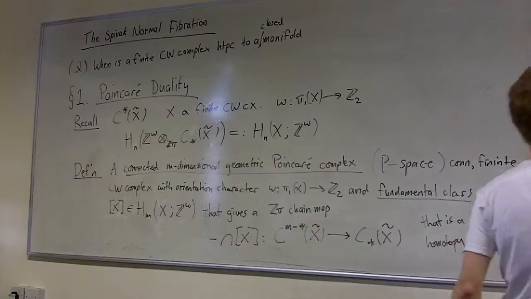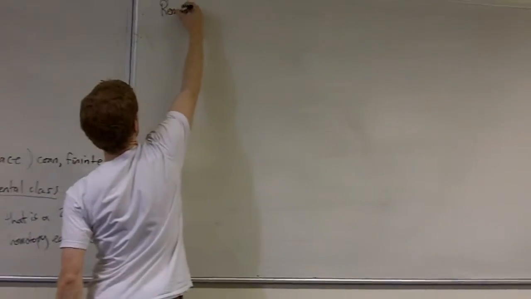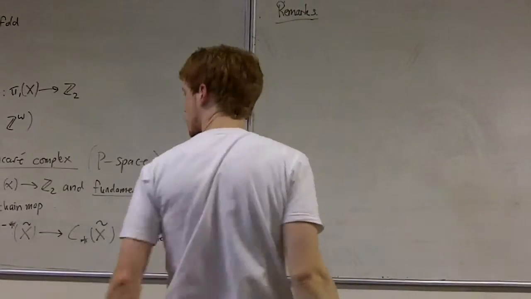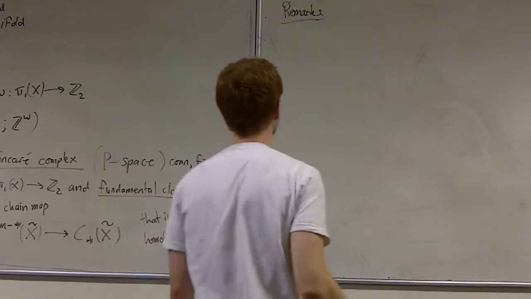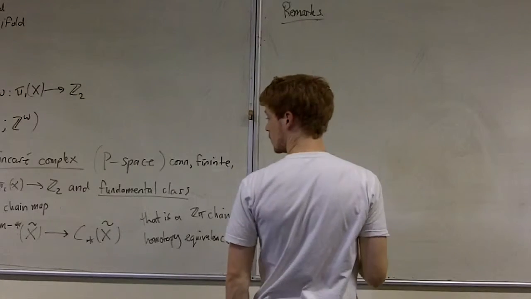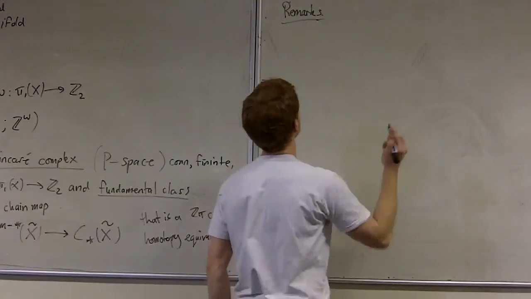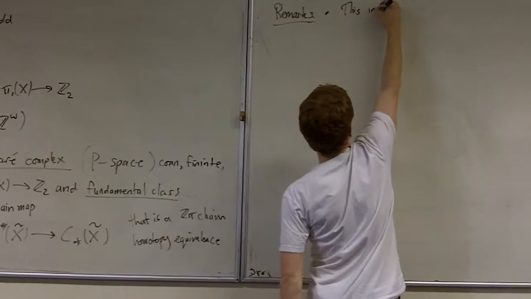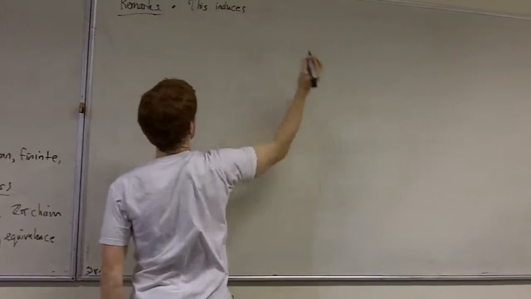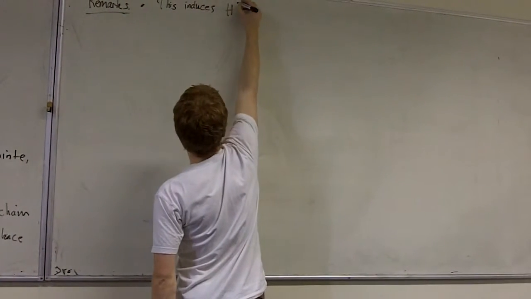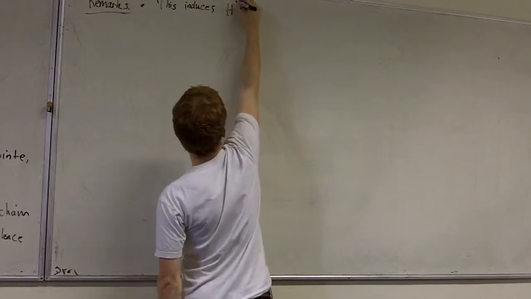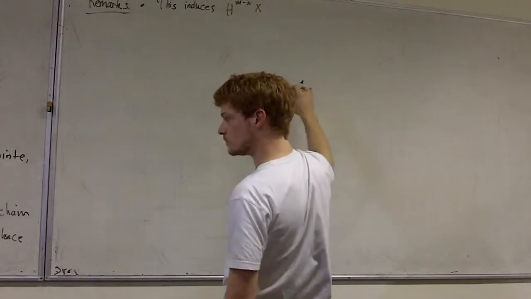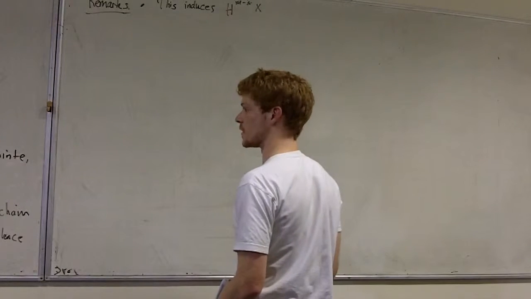Okay, so remarks. This gives us an isomorphism on the level of homology and cohomology. Because of the twisted coefficients, this is going to give us a number of isomorphisms.